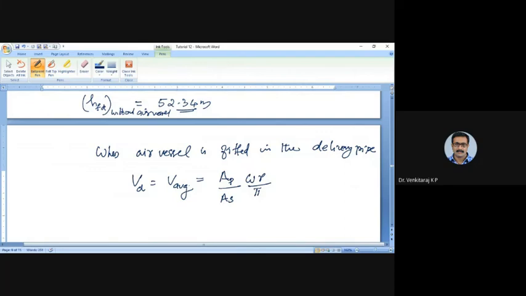So this equation we have derived in our lecture class. And this relation is for a single acting pump.